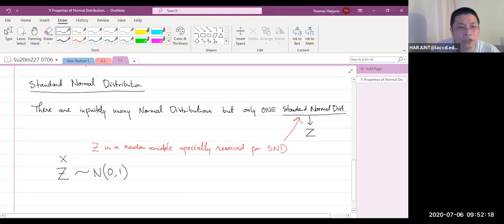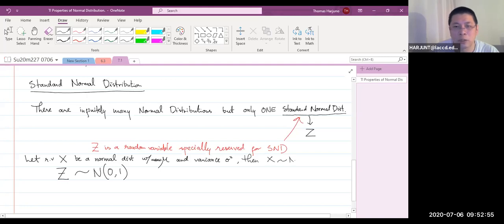In general, if X is normally distributed, let X be a random variable with a normal distribution with mean mu and variance sigma squared, then the notation will be X is normally distributed with mean mu, variance sigma squared.